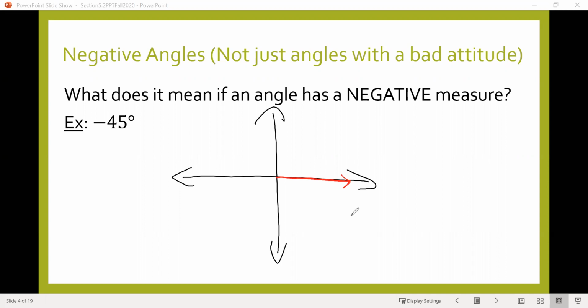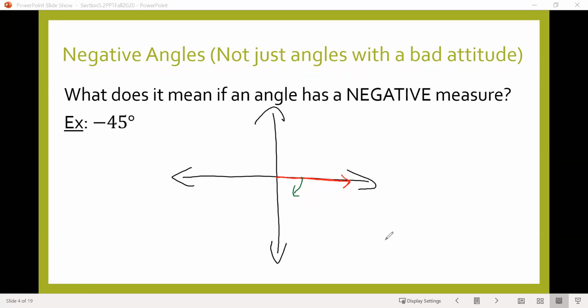Right, to get to the terminal side here, we're actually going to rotate clockwise this time. So in the last 2 examples we saw, we rotated counterclockwise, and that gave us positive angle measures. So here, when we have negative angle measures, that means to rotate clockwise.